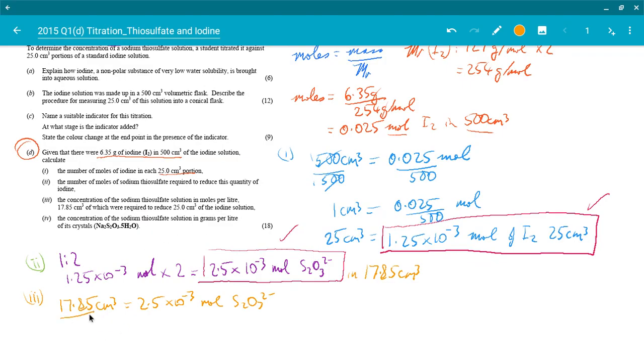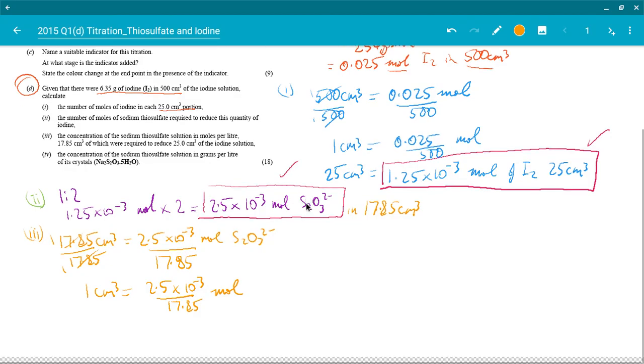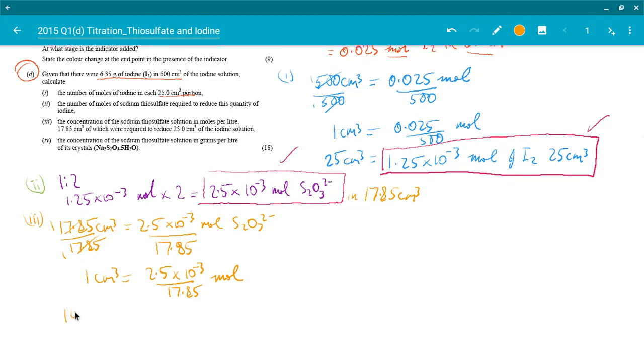I'm going to do the same thing as before and find out how many moles there are in 1 centimeter cubed. So I divide both sides by 17.85. Any number divided by itself is 1, so I get 1 centimeter cubed equals 2.5 times 10 to the minus 3 over 17.85 moles. And then I need to multiply that by 1,000 to get a litre.